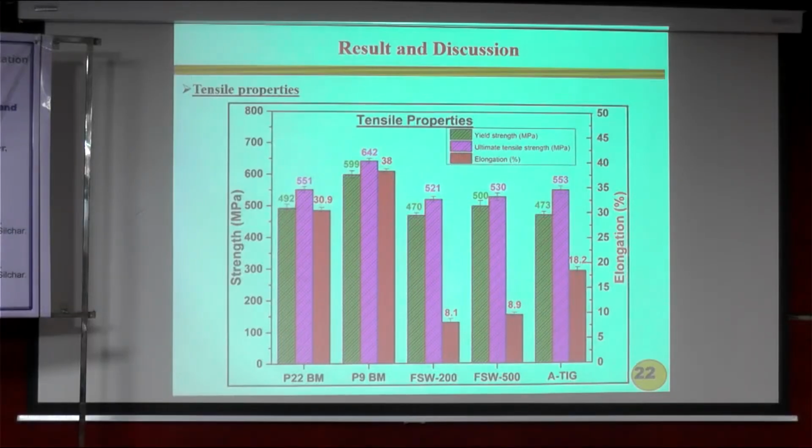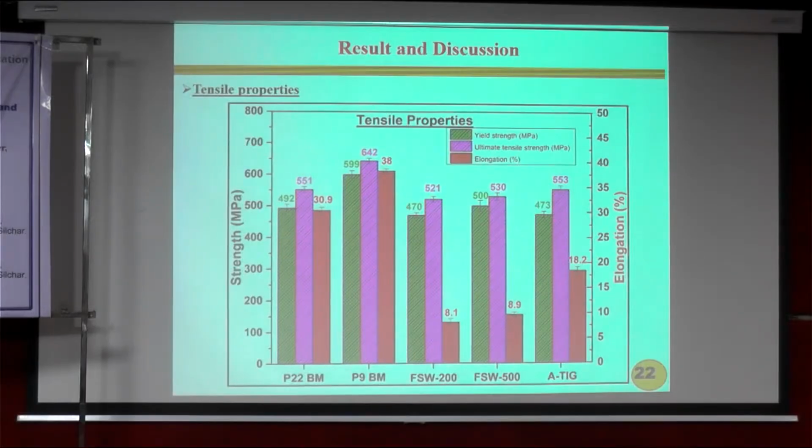Why are we keen to know about HAZ thickness? Because the heat affected zone is one of the weakest zones in the weld material. Especially in this kind of ferritic steel, 9 chrome 2 1/4 chrome 1 moly steel, there is a failure called type 4 cracking. That cracking occurs in the heat affected zone only.